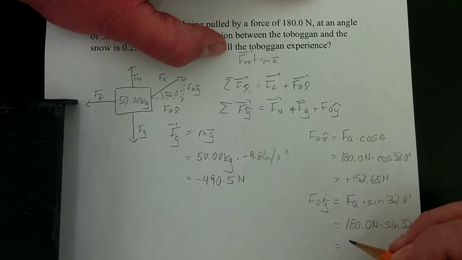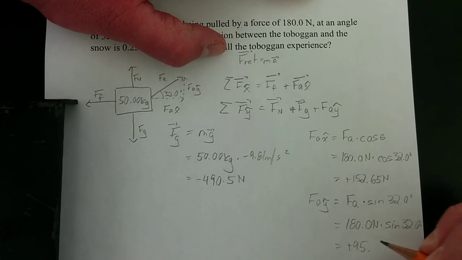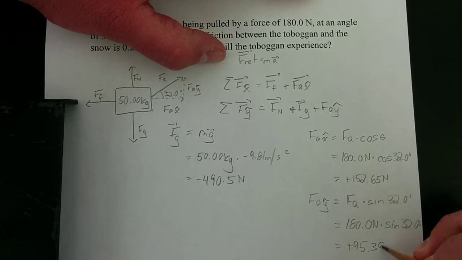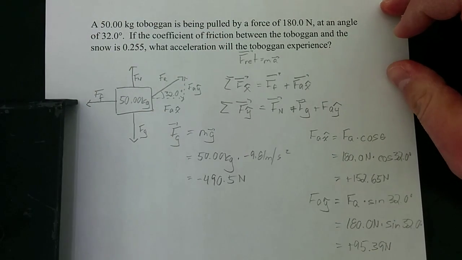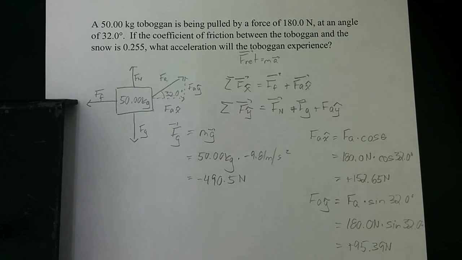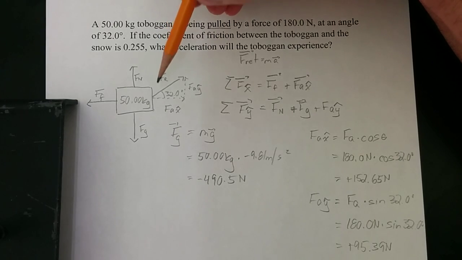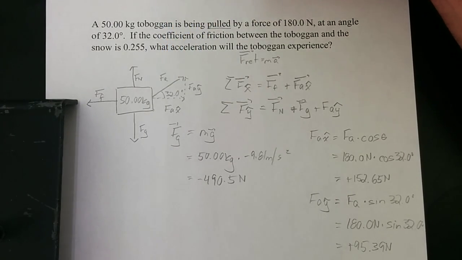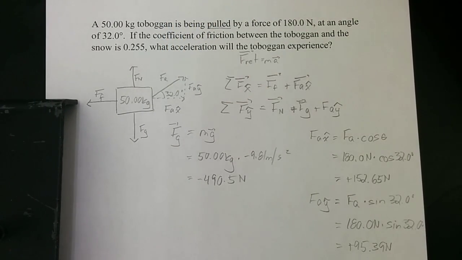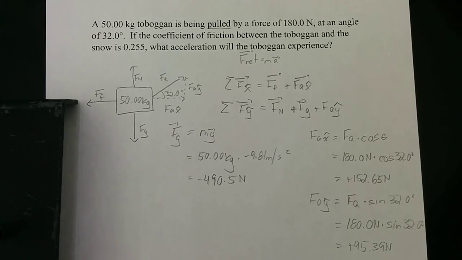And it gives us a value of positive 95.39 newtons. Now, it is quite important to acknowledge that it's going to be in the positive direction because it is a pull. And that's one of the things we have to focus on in this problem, because when you draw your applied force, I put it at an angle going up. Now, if this is a push, it would be going down, which doesn't sound like a big deal, but it would involve the Fay component being negative instead.